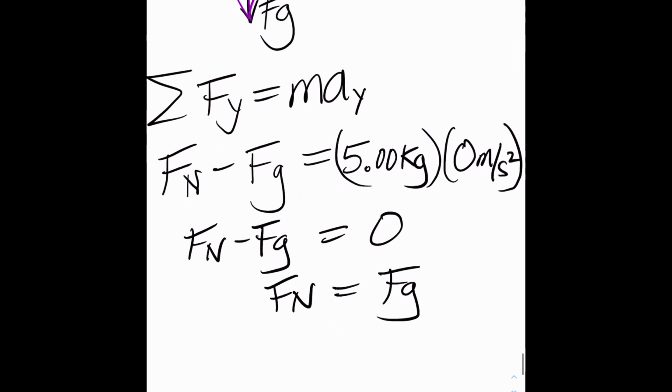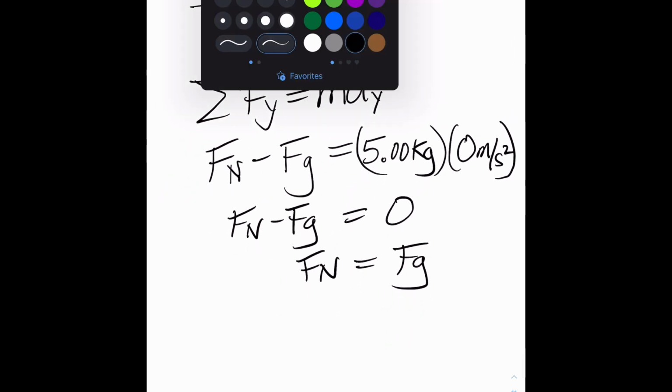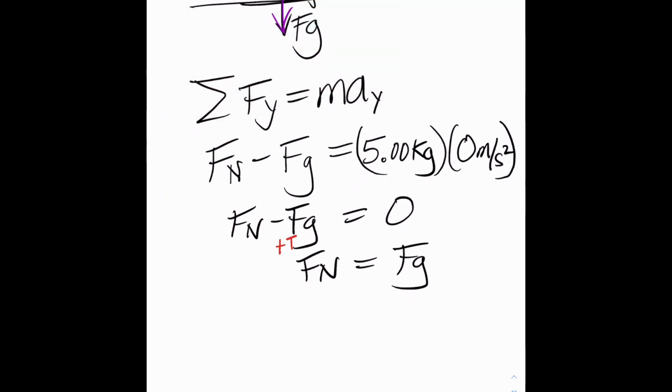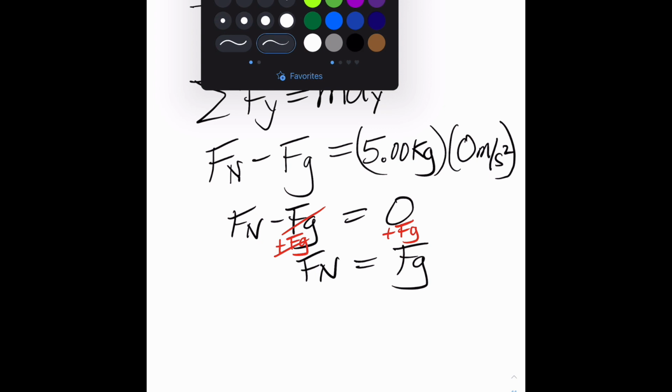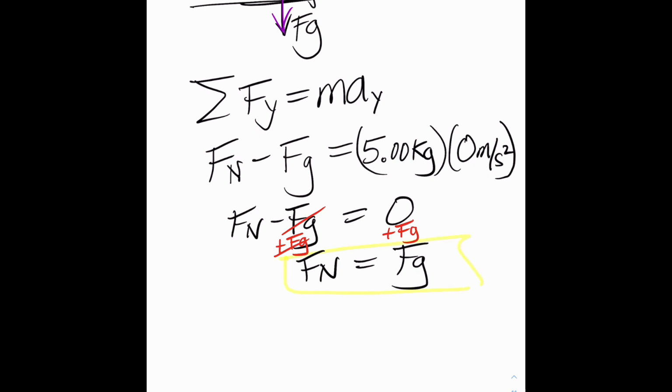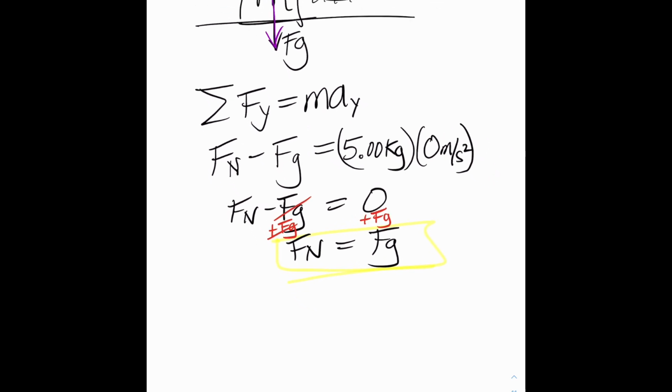The move there was just adding Fg to both sides, allowing me to cancel just like that. All right, so we can say Fn equals Fg. Let's see, maybe highlight it like that. And we're good, right?